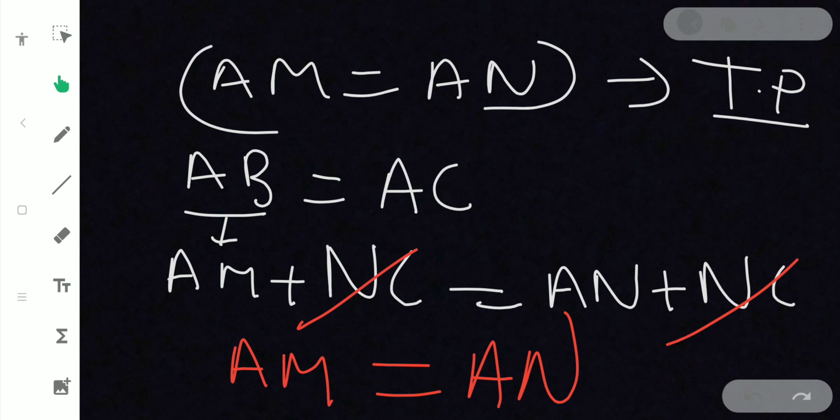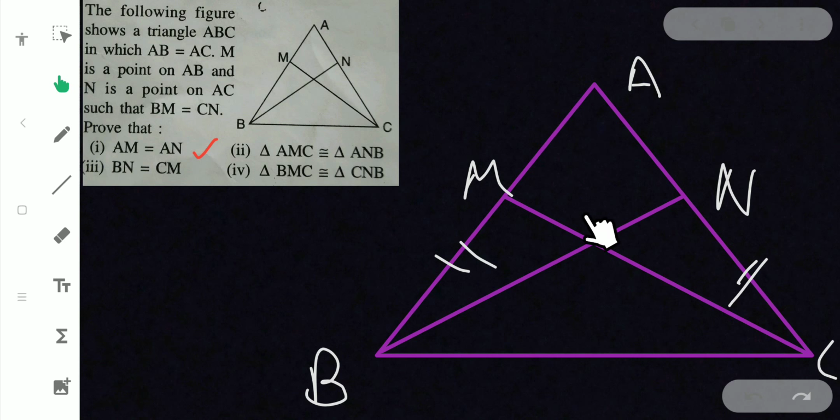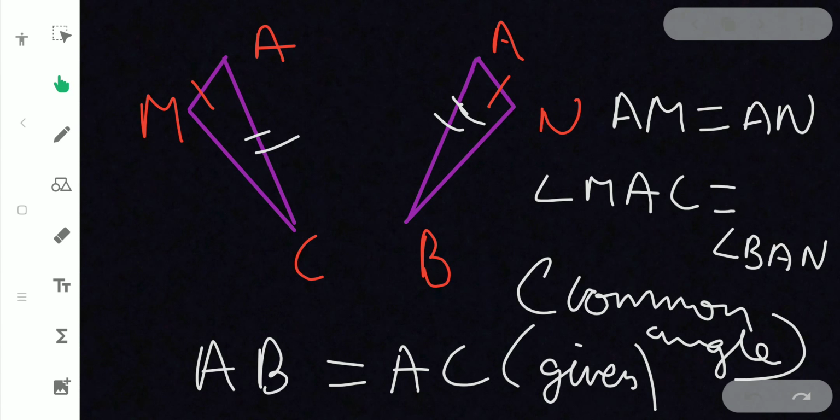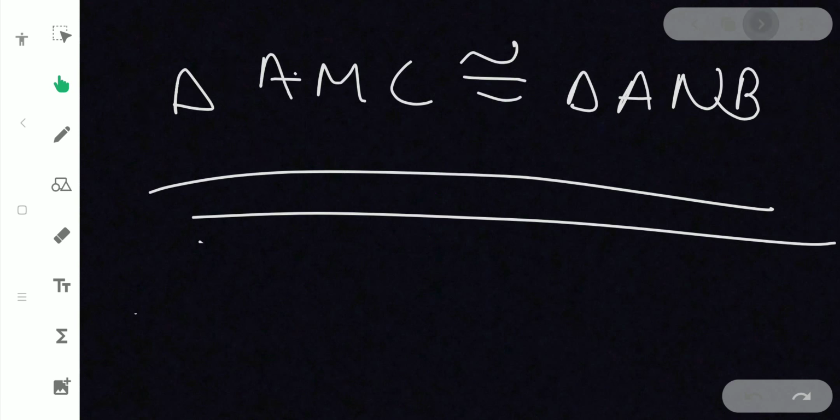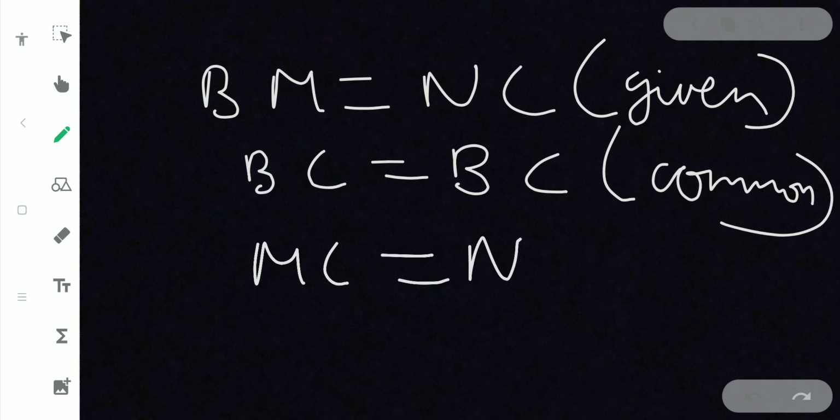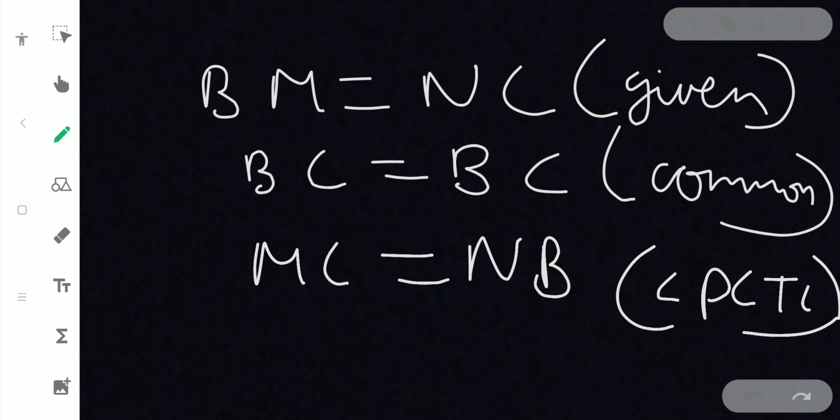So you can see in the overall diagram, MC I will get as NB. So in this diagram we can see, as we have proved in the second bit, on placing one on each other, we have MC is equal to NB. So that one is the leftover one. We have to write MC is equal to NB by CPCTC of second bit, or we can just leave it CPCTC.